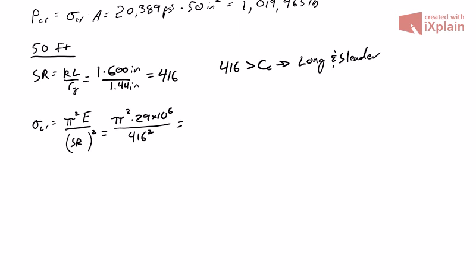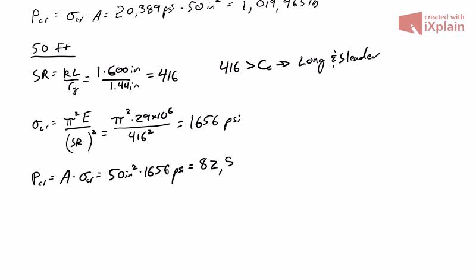That gives us a critical stress for the 50-foot column of 1656 psi. Once we have that, it's easy enough to get the critical load. Area times critical stress, 50 inches squared times 1656 psi gives us a critical load of 82,818 pounds.